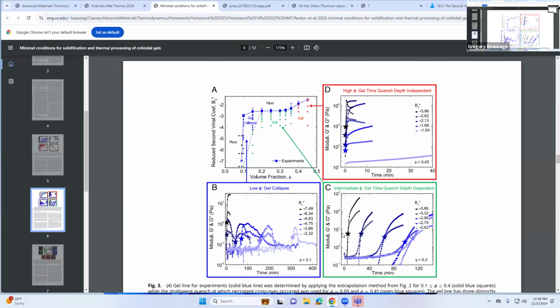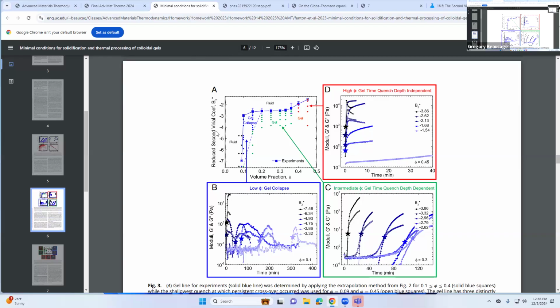So see, instead of doing this as a function of temperature to watch a gel point, he fixes the temperature, so he fixes the B. B is 1 over temperature, so he fixes the B, and he varies the time by varying the frequency. 1 over the frequency would be the time. So he's got the time, and he's got this cross point, and that's his gel point. So he's got a tau, and he's got a B because it's a temperature.